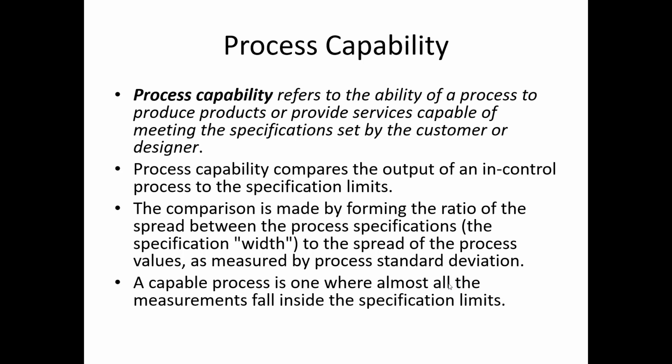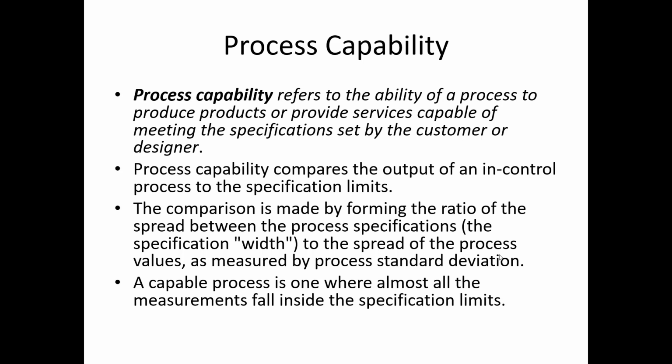Now we need to check that using some specific indicators. These indicators will tell us whether that organization's products are capable, whether they meet the design specification and the quality measure which they define, that we are producing 3 sigma level quality, or we are using 4 sigma. So process capability and indices will show you whether it is capable of meeting that or not.